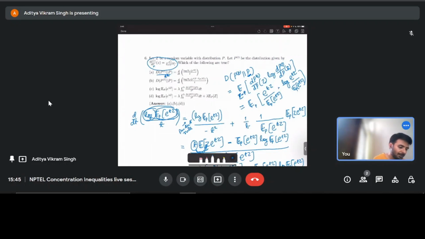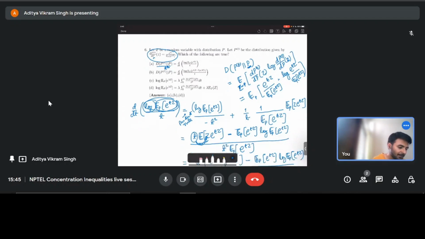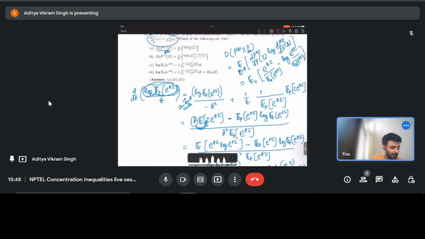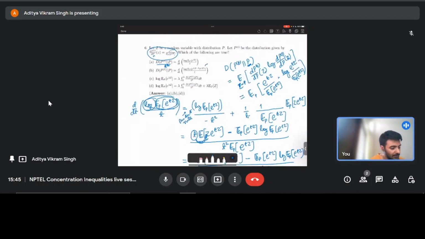Okay. Yeah, the second option is what? It's just log of the expected value, the thing inside the bracket is expected value of e^(tZ), right, into e^t minus, right, so this is by t.